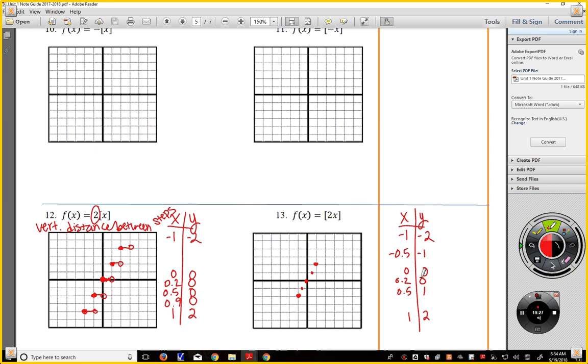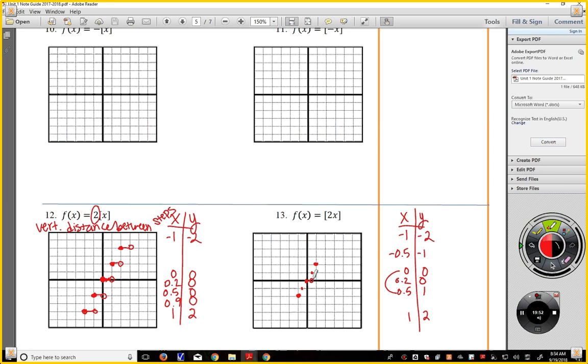Is there anything else between 0 and a half that when you multiply it by 2, it'll make a whole number? No. So these will keep making decimal numbers, and they're going to keep getting rounded to 0 until that half where it jumped up to 1. So all x's are going to keep getting rounded to 0 except for there at a half where it jumped up to 1.